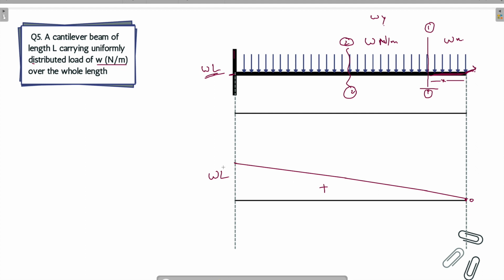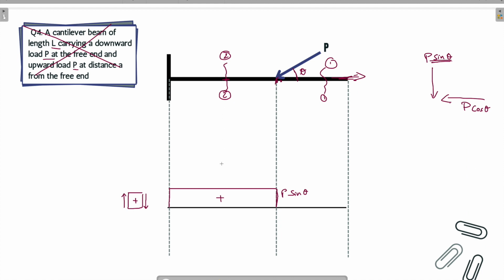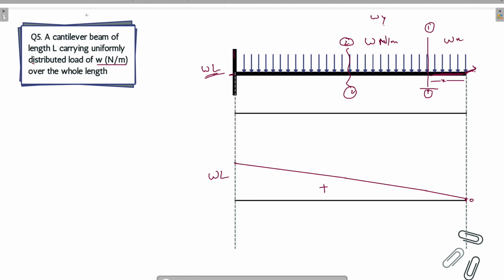Now you notice one thing. I have told you when there was no loading in a span of the beam, as in this case here, the shear force diagram was constant. But in the case of UDL, the shear force diagram is linearly varying.